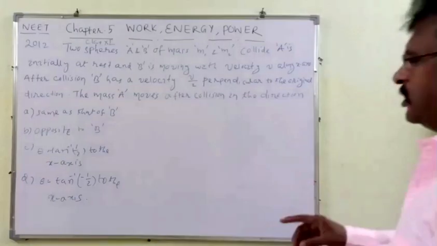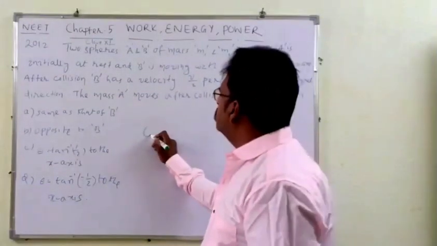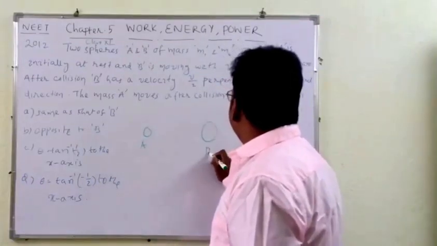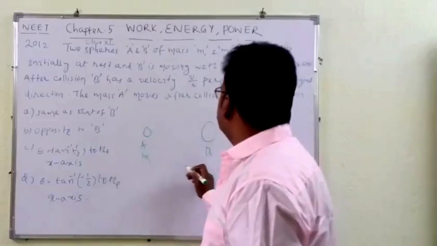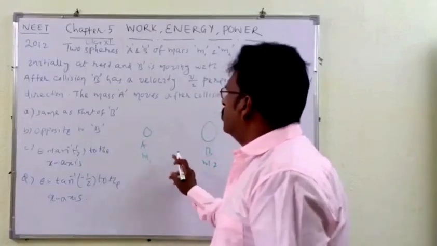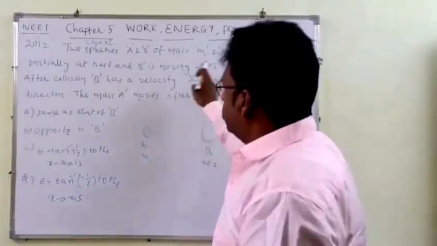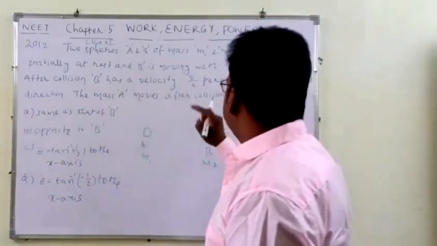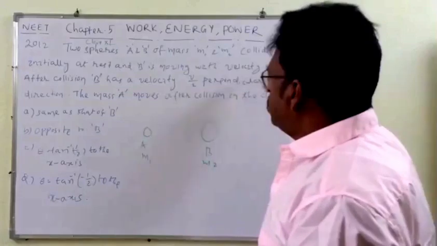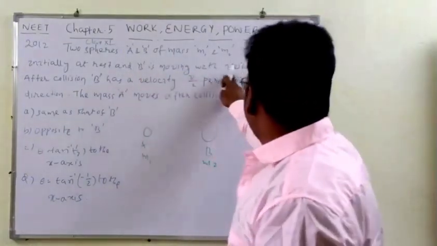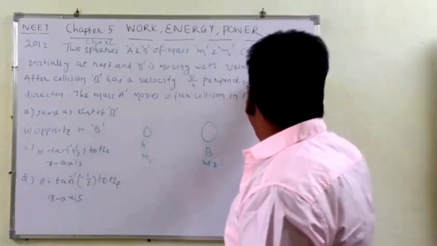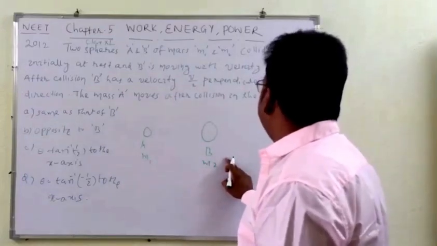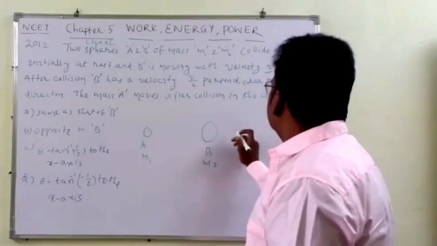There are two spheres A and B. Suppose this is A and suppose this is B. Its mass is m1 and its mass is m2. And A is initially at rest, and B is moving with velocity v along the x-axis.